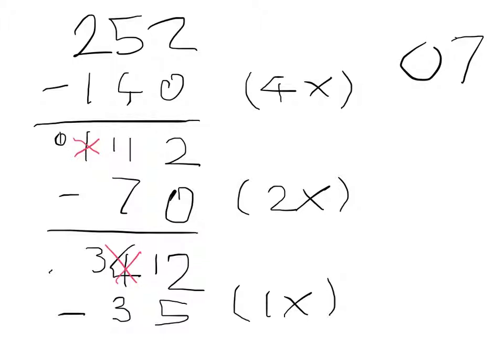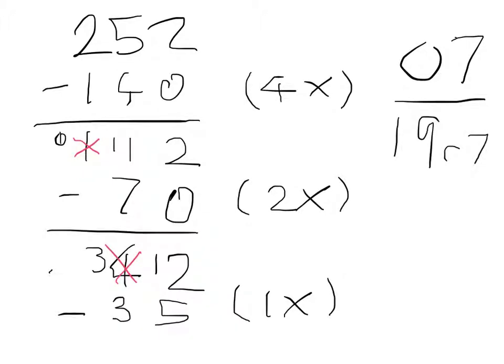So I'm left with 7. So my answer: 10 and 4 and 2 and 1 add up to 19. So 19, and the 7 is our remainder.